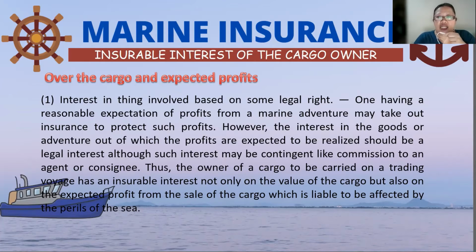However, the interest in the goods or adventure out of which the profits are expected to be realized should be a legal interest, although such interest may be contingent, like a commission to an agent or consignee. So the owner of the cargo to be carried on a trading voyage has an insurable interest not only on the value of the cargo, but also on the expected profit from the sale of the cargo, which is liable to be affected by any perils of the sea.